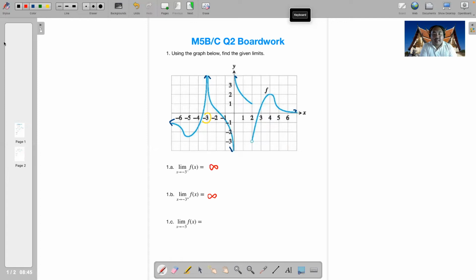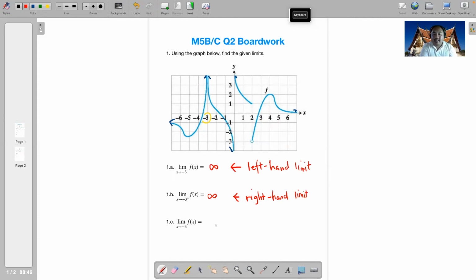Now, here again is this cute little question. What is the limit of f then when x approaches -3? Neither left nor right. We remember from our past lesson that this can only exist if the left-hand limit and the right-hand limit are in agreement. If they are in agreement, then the function is said to have an infinite limit at that number.